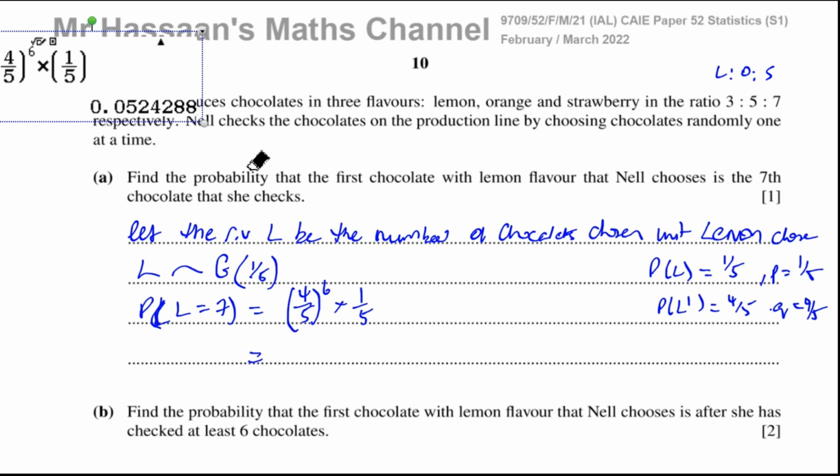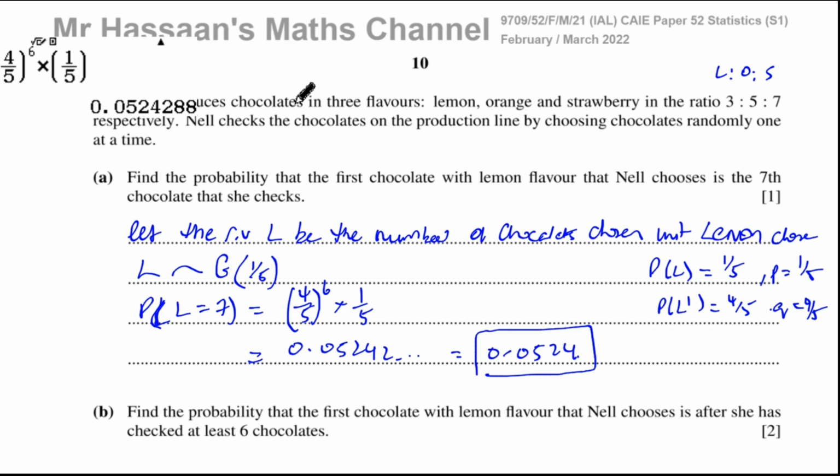So 0.05242. Remember in the end you should write to 3SF, so I'll just put 0.0524. So that's fine as your answer to 3SF. So there's the answer there, and that's the answer to part A.